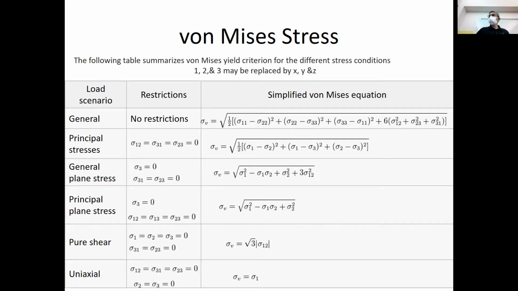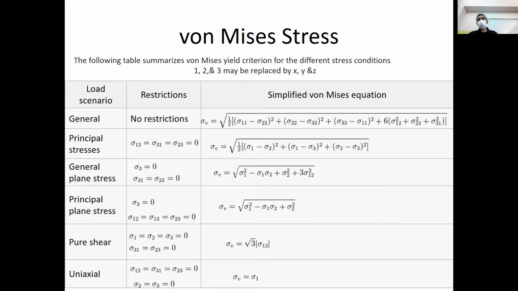And please note that in these equations, 1, 2, and 3 may be replaced by x, y, and z. So you have a case of a general stress, where you have 6 components, and principal stresses. So you're looking here specifically at principal stresses where all the shear stresses are 0.